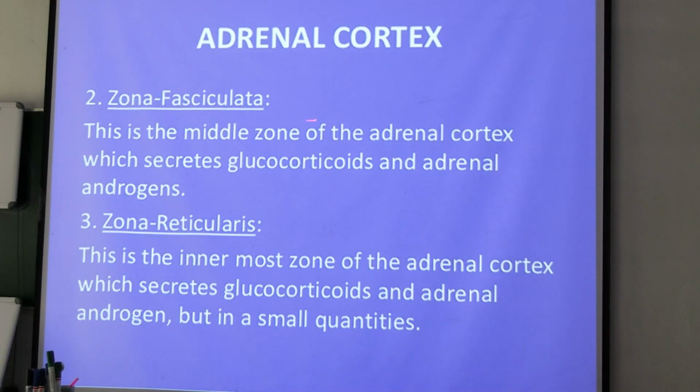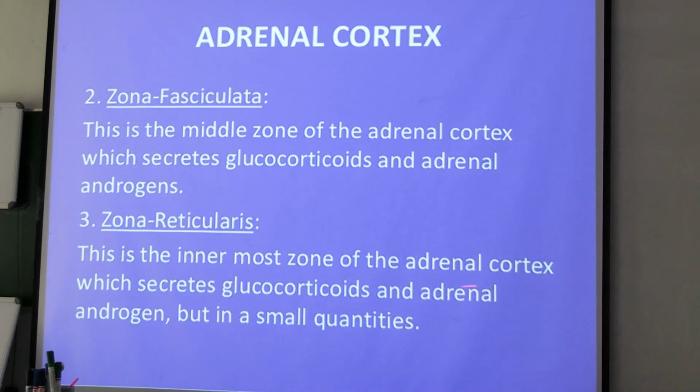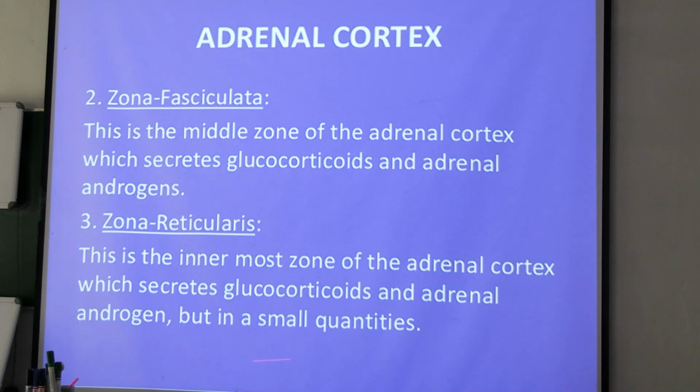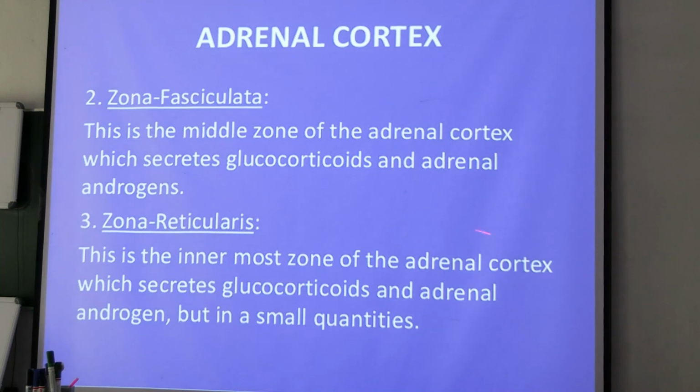Next is zona fasciculata, the middle zone of the adrenal cortex, which secretes glucocorticoids and adrenal androgens. And reticularis is the innermost zone of the adrenal cortex, which secretes glucocorticoids and adrenal androgens, but in small quantities. Okay, the main glucocorticoids are secreted by fasciculata.